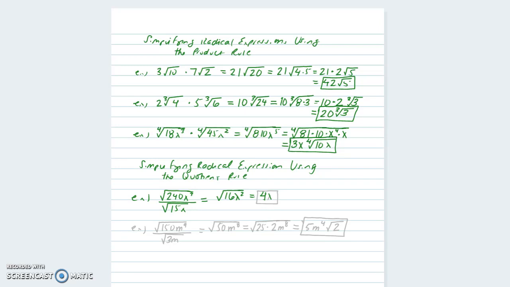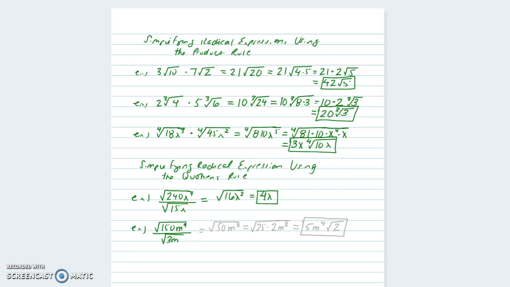So let's look at one more example. We have the square root of 150 m to the 9th power divided by the square root of 3m. So once again, we're going to divide first.